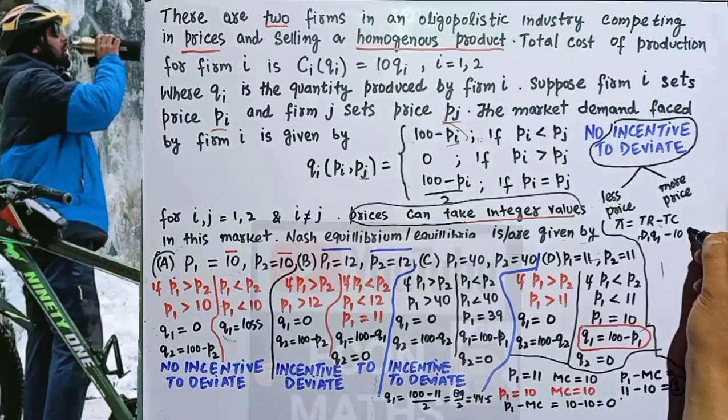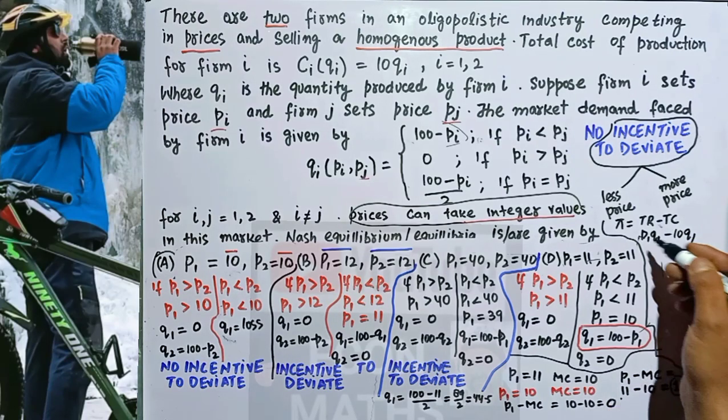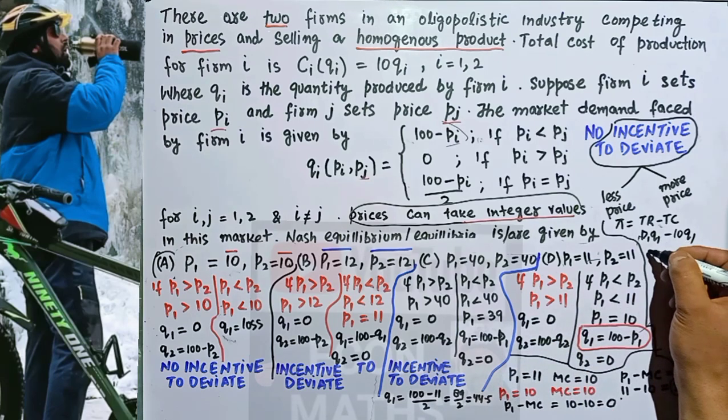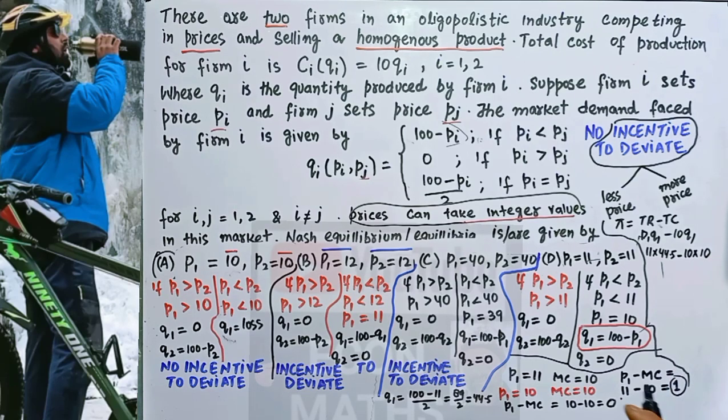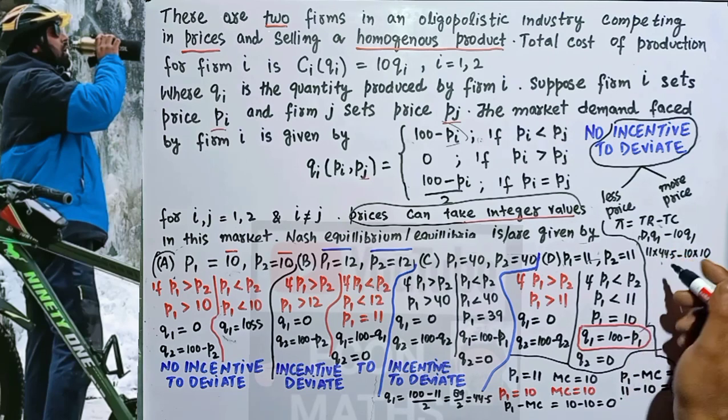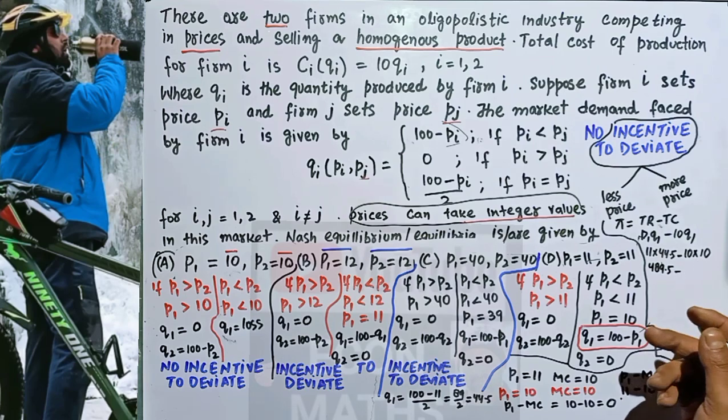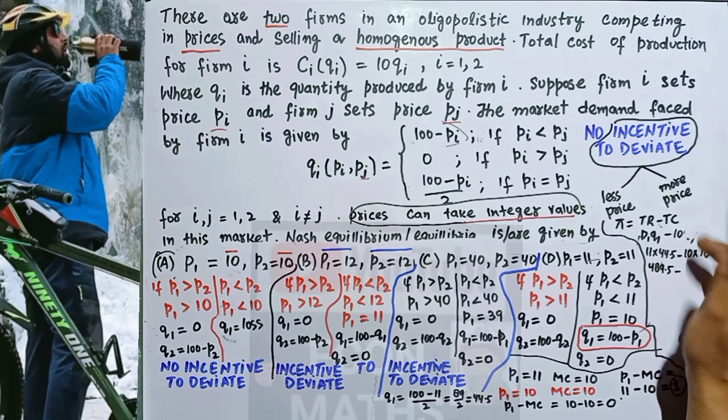So P1 is 11 into 44.5, which is 489.5, minus 10 into Q1, which is 10 times 44.5, that is 445.